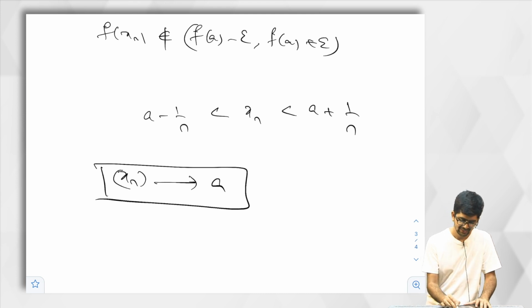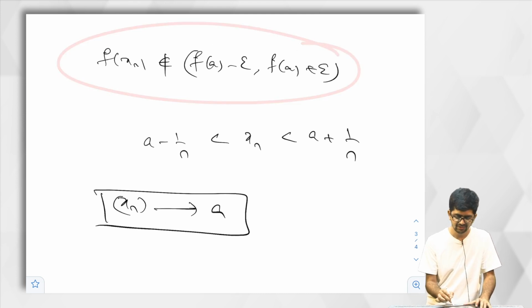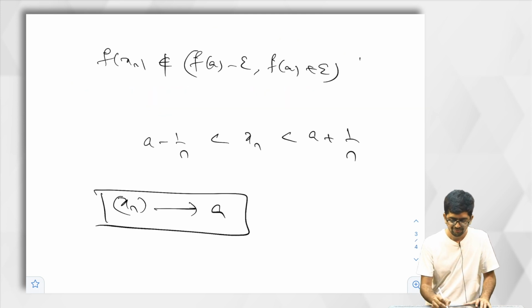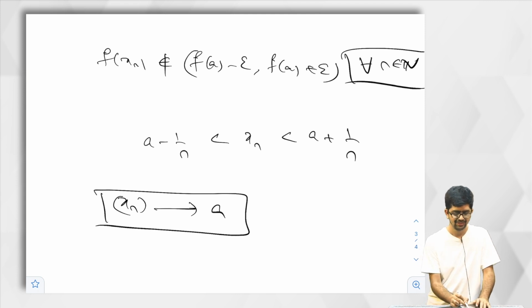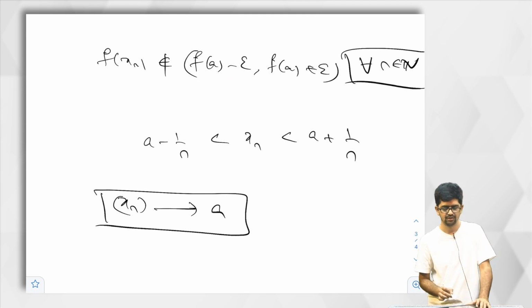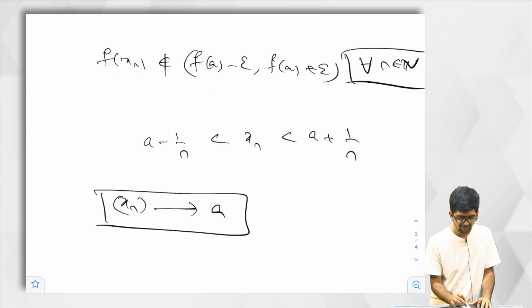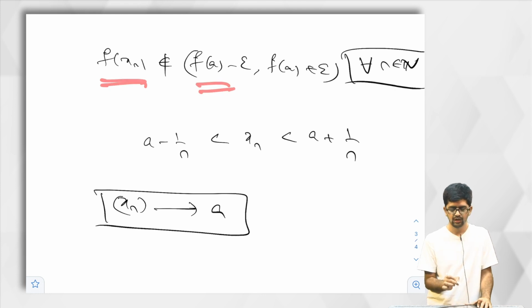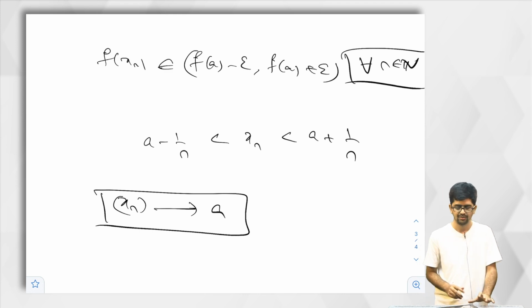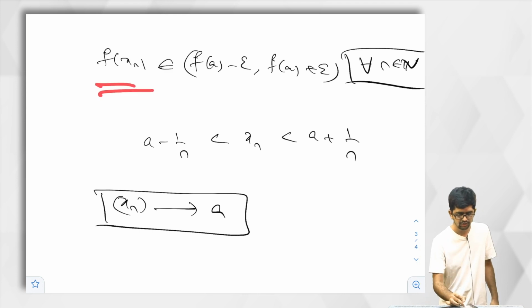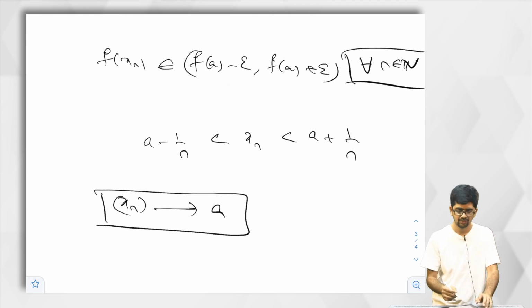Even in that case, this condition says, this is true for every n belongs to N. This says the sequence f of xn does not converge to f of a. Because what do we want? If I want f of xn to converge to f of a, we want to get some element N belongs to the natural numbers such that for every n greater than or equal to N, we want this condition. We want this to be an element of this, but what do we have?